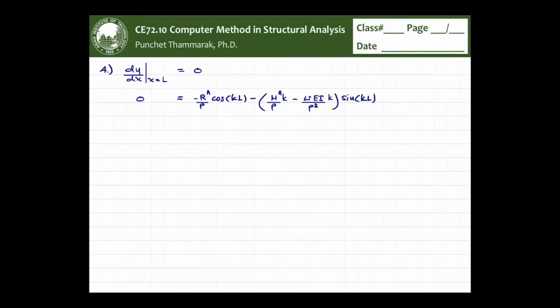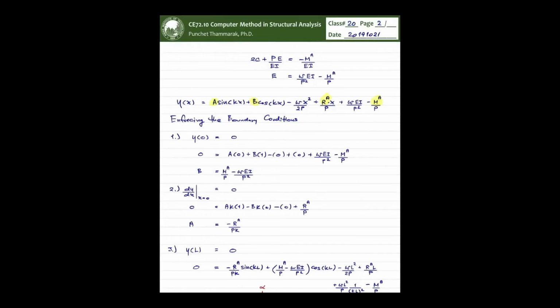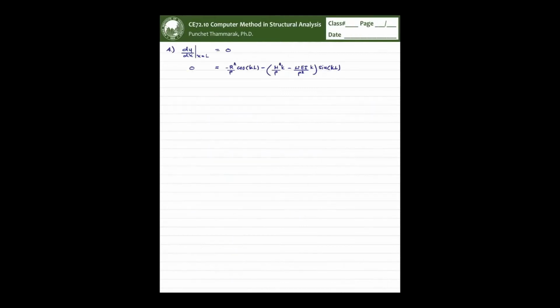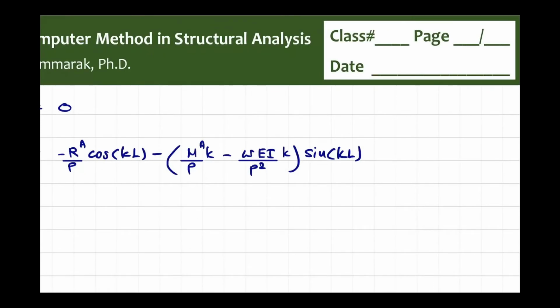And then we have the derivative of WX squared, that is 2WX, 2 cancels out, WL over P. My W today is not beautiful.